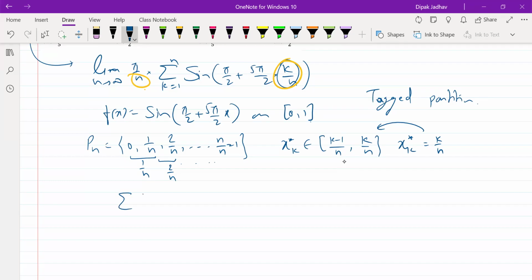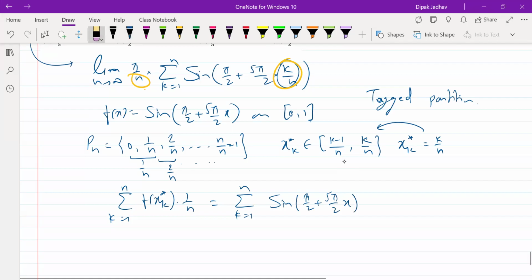It's summation f of xk star into the length of the subinterval, k runs from 1 to n. That will be sine of pi by 2 plus pi by 2 into k by n, times 1 by n. That is exactly equal to this limit.